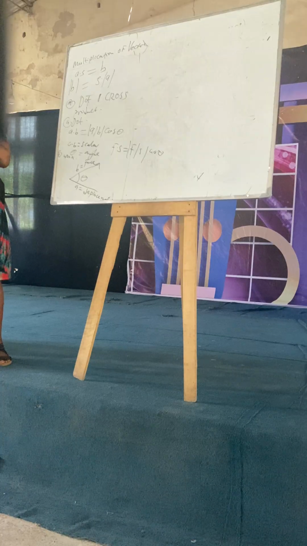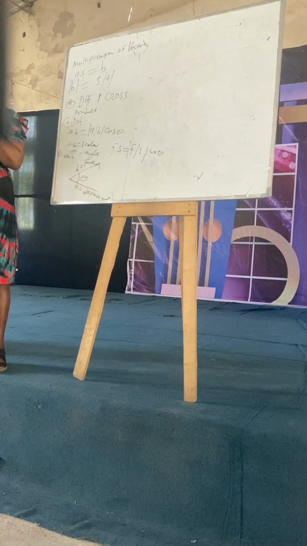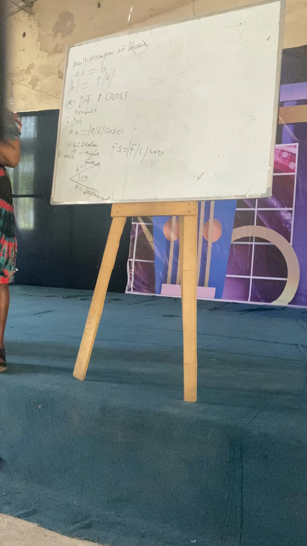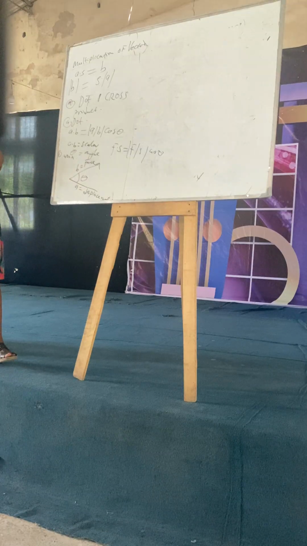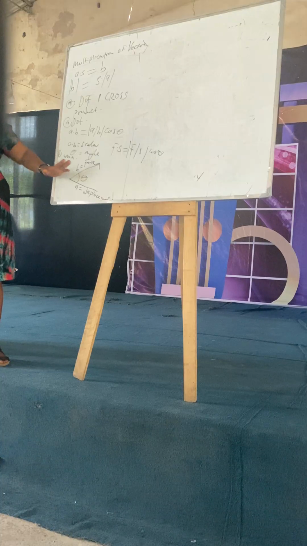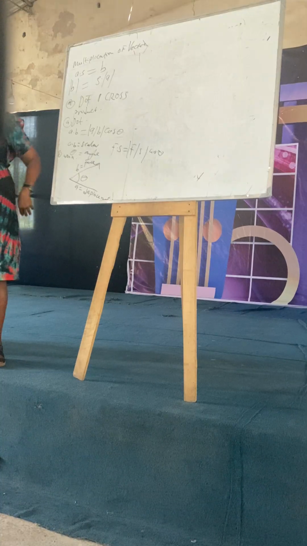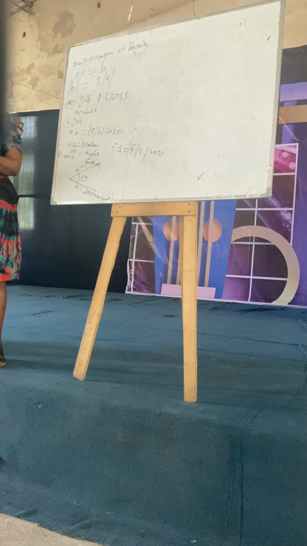Take note of that. That's one of the applications we have. You can apply it in work done. When there is no work done, that means that theta will be equal to 90 degrees. Meaning that cos 90 is 0. Meaning that no work is done.